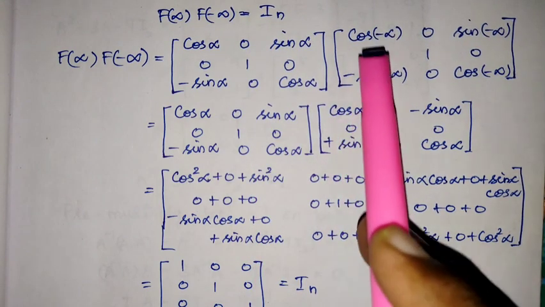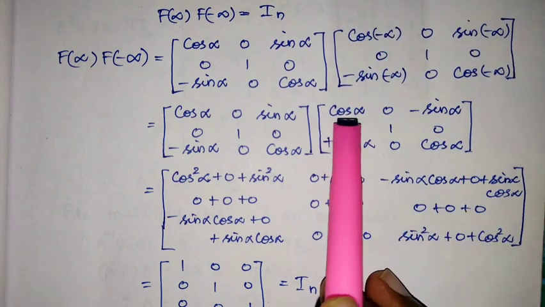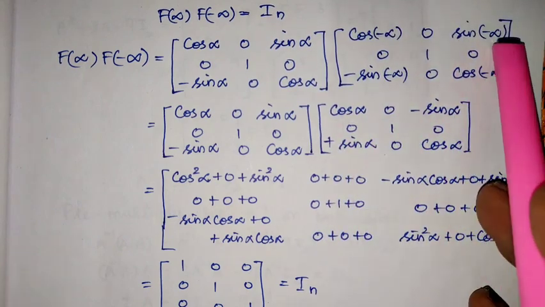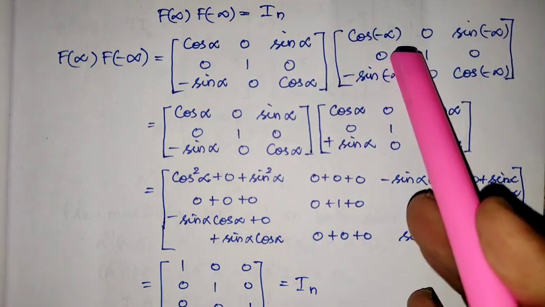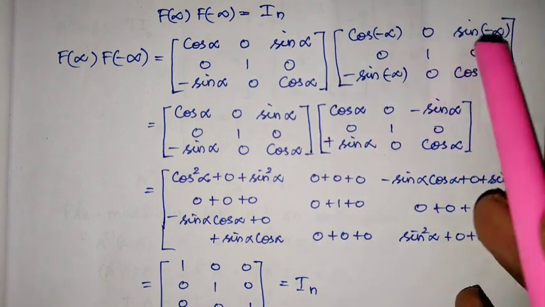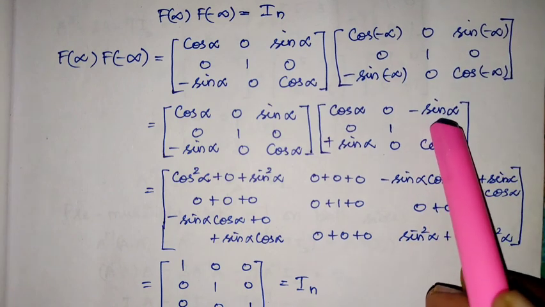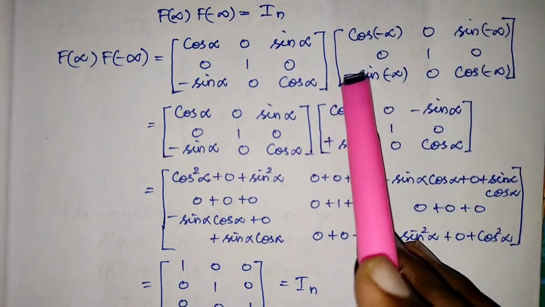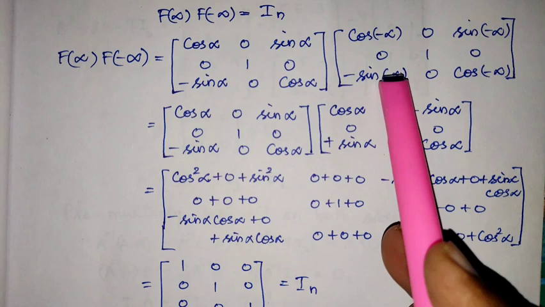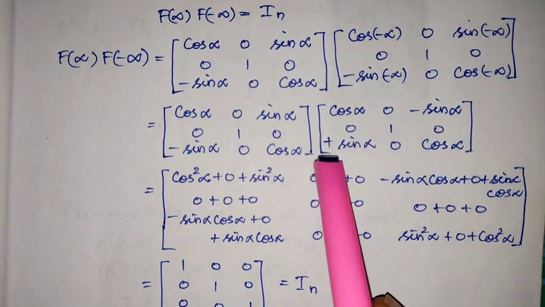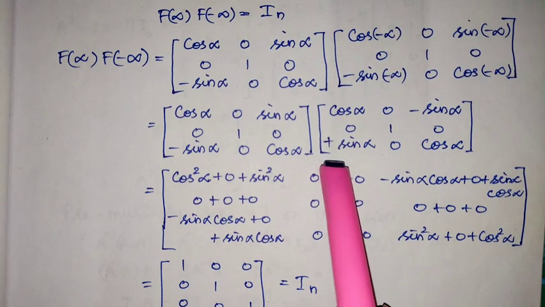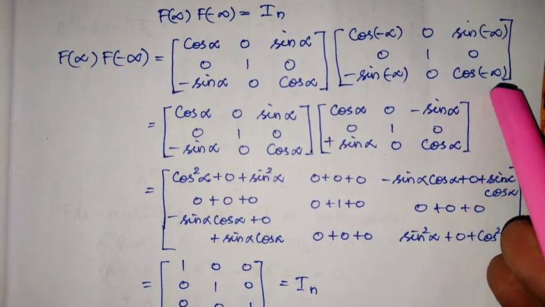Last year we learned, so cos minus alpha is cos alpha, sin minus alpha is minus sin alpha. Can you understand? Now here already there is a minus, so when you make it minus sin alpha, minus into minus becomes plus, so that's why I put plus here. So here also cos minus alpha is cos alpha.